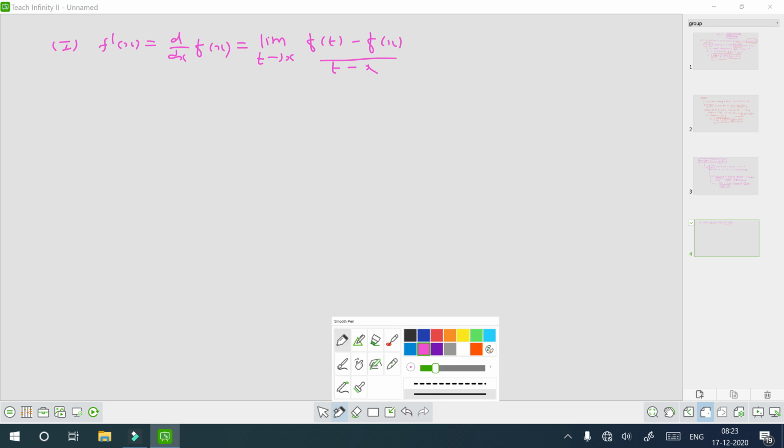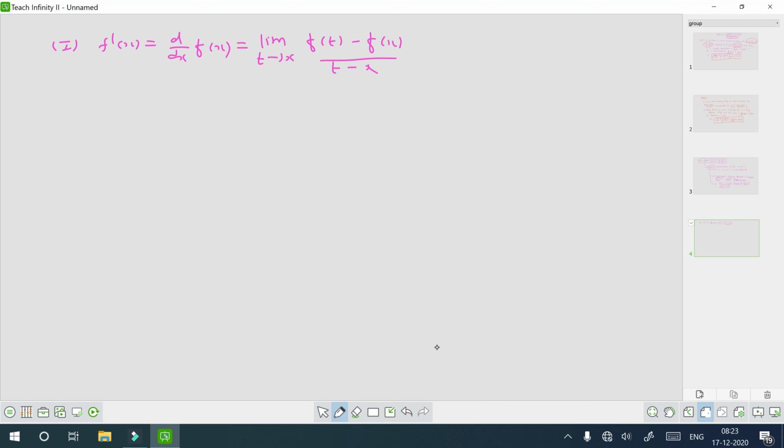Now see, suppose t minus x is equal to h, then t is equal to x plus h. Now if t tends to x, then h tends to 0.